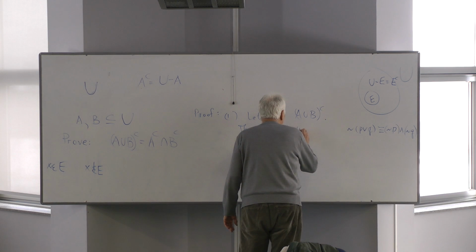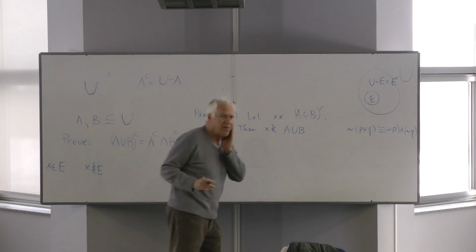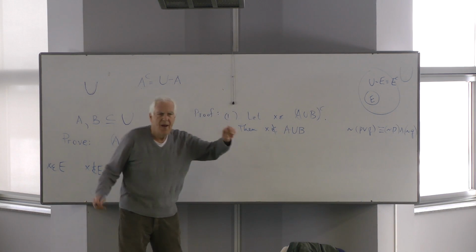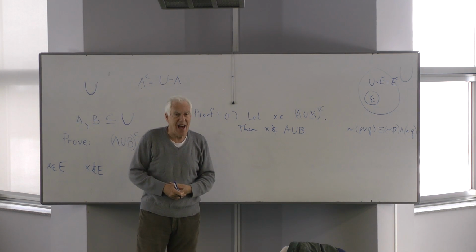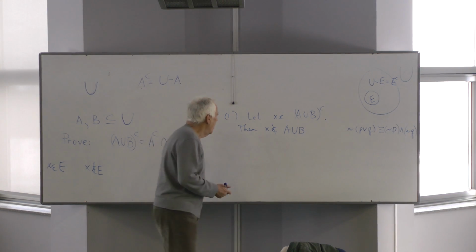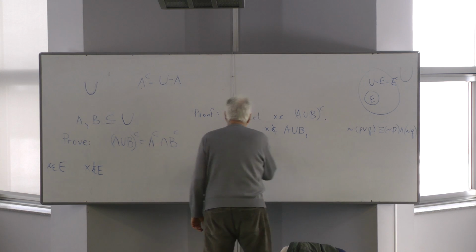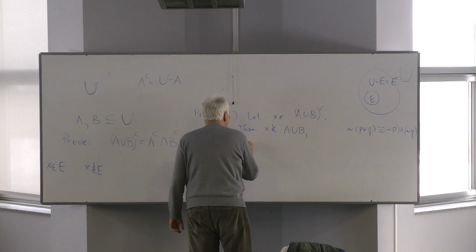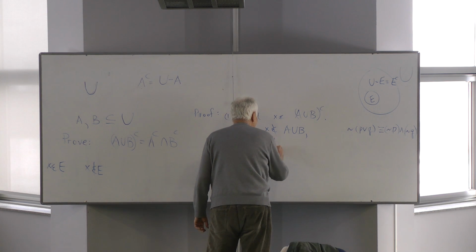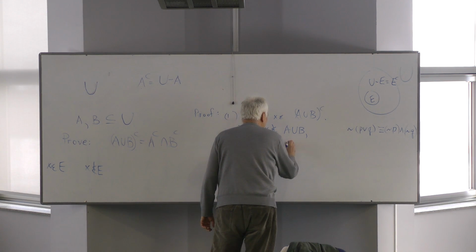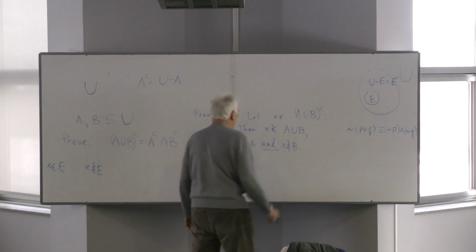Now, you know the union of two sets, something is in the union, A union B, if and only if it's in A or B. So if it's not in the union, it's in neither. It's in neither. Or X is not in A and X is not in B. Correct?